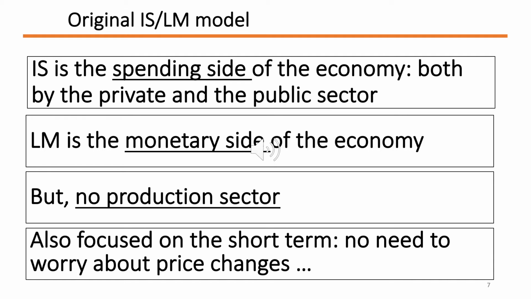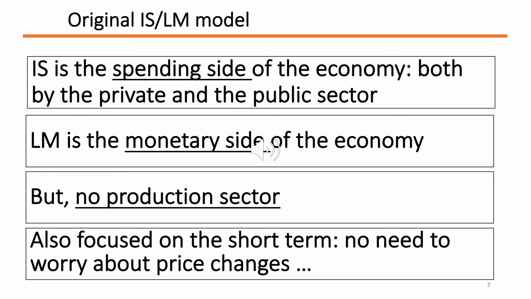The IS curve represents the spending side of the economy, spending made by both the private sector and the public sector. So it's consumption, investment, and public spending. The other sector is the monetary sector, which is addressed by the LM curve. It's the monetary side of the economy made of the supply of money and the demand for money.